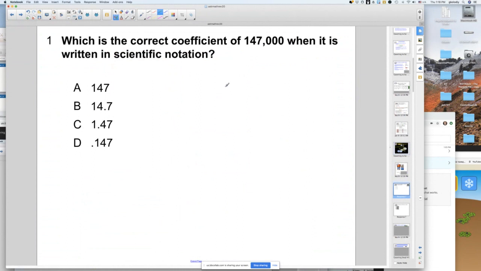So again, let's see if we can do a couple of problems. Which is the correct coefficient of 147,000 when it's written in scientific notation? Coefficient meaning the whole number, and you multiply by 10 to something.